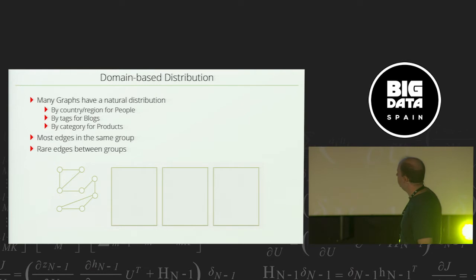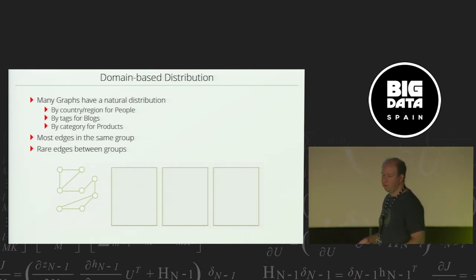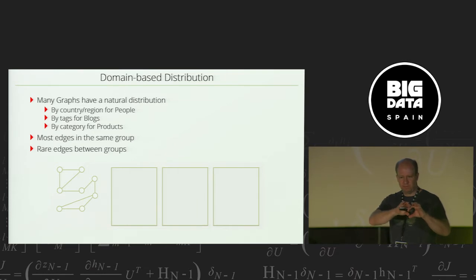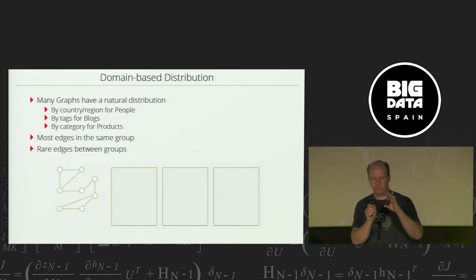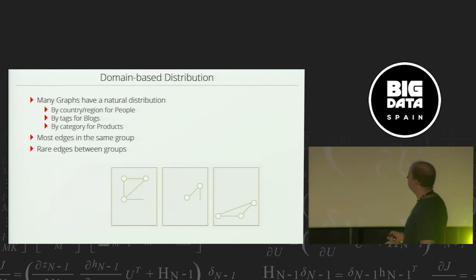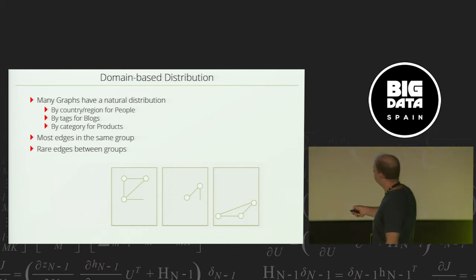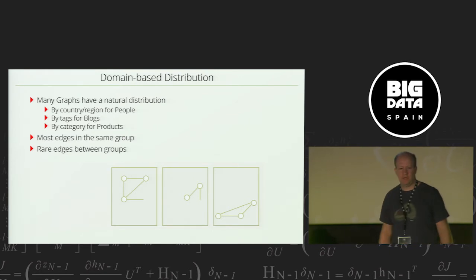So what you can do is, you can say, I use the domain-specific knowledge about my graph, let's say the country attribute, to distribute the vertices of my graph by country. That is, usually two vertices, two users in the same country will be on the same machine. Then it looks more like this. Some highly connected part of my graph is on one machine, another part is over here, and the third is here. And yes, there might be edges which go from machine to machine, but they are rare.